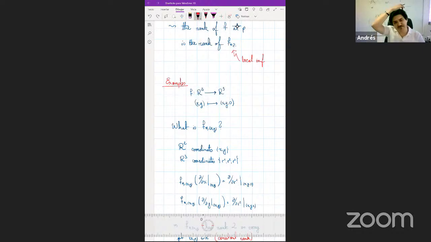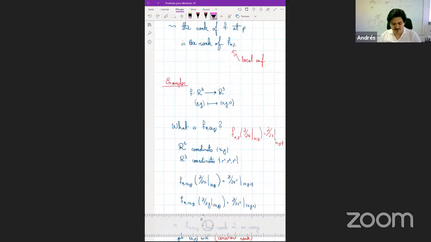I use different coordinates just to try to make it clear. This is enough to show you that they are different, right, because one is in R2 and the other one is in R3.